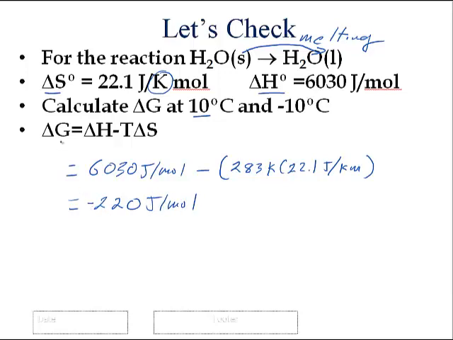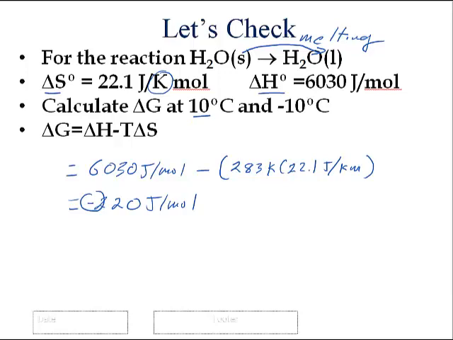Well, we know that if G is negative, like it is right here, it's spontaneous. So let's ask ourselves, will water go from a solid to a liquid at 10 degrees Celsius? That's somewhere around 50 degrees Fahrenheit. Does that happen? Absolutely, it does happen. So that makes sense.